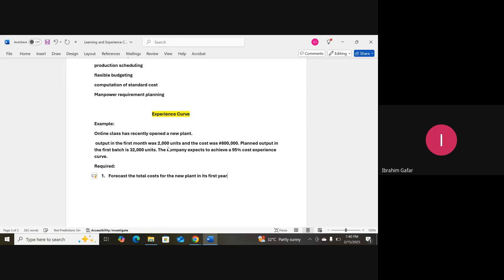In its first year of operation. First year of operation.